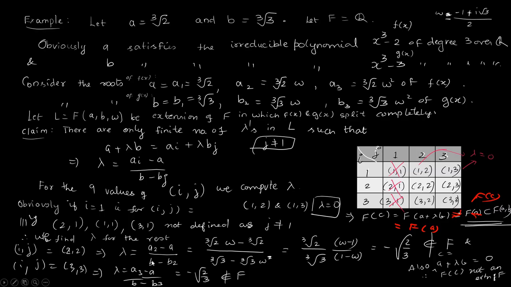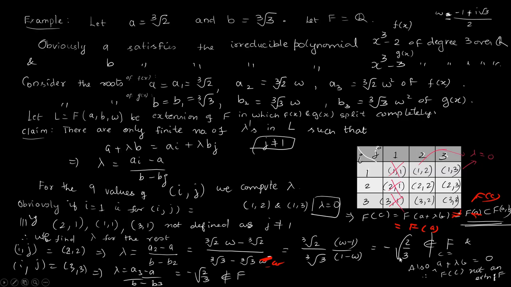Similarly, b is cube root of 3, and b2 is cube root of 3 omega, not omega square, just omega. When you simplify, you get cube root of 2 out, omega minus 1, and here 1 minus omega. That gives you a minus sign when you cancel this.